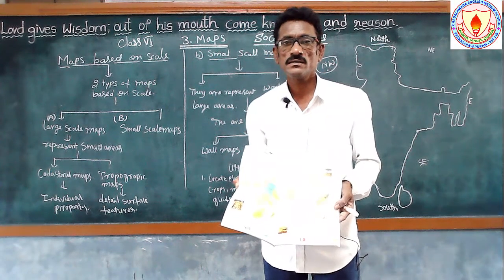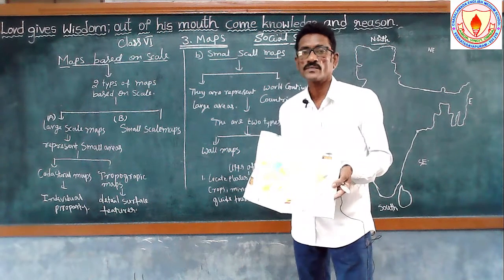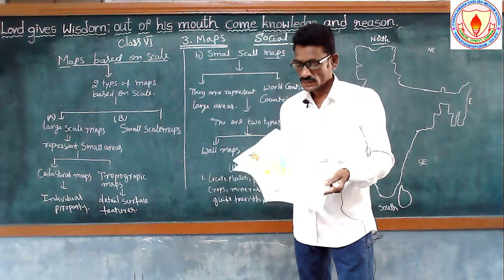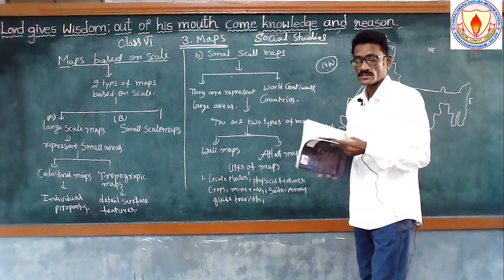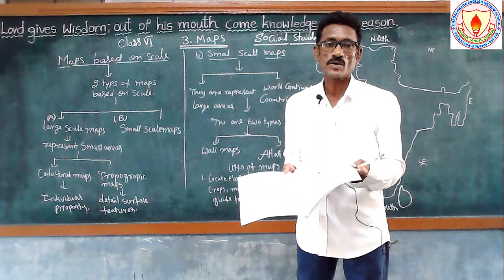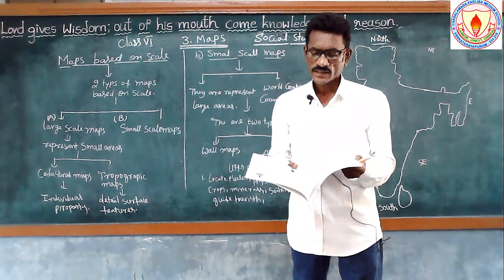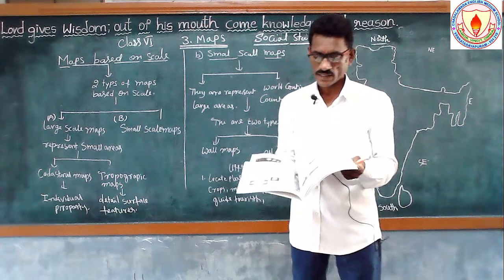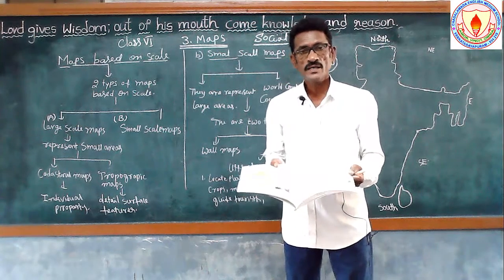See here, on the internet and Google, if you are using that, you are getting more information about the countries. Next, see wall maps, atlas maps. This is the atlas map and it gives more information about the maps. Here the solar system and eclipse information is also given in the atlas book. See here, a political map of India.